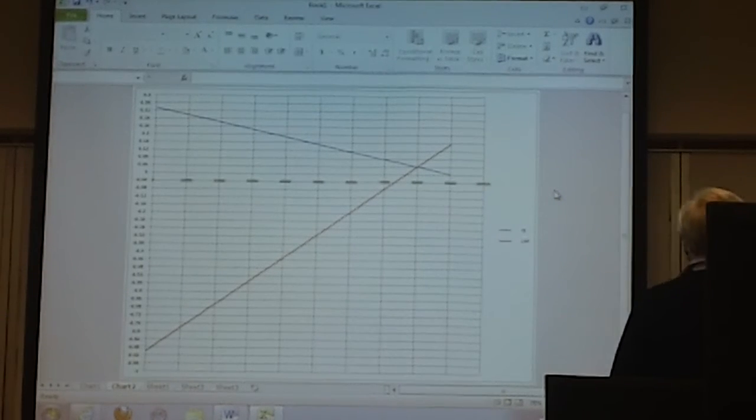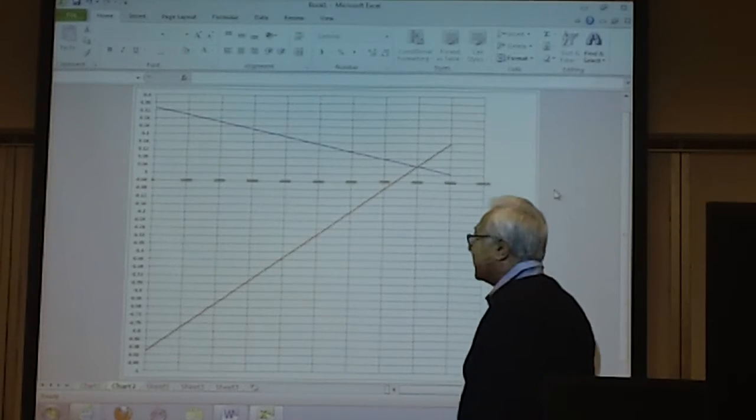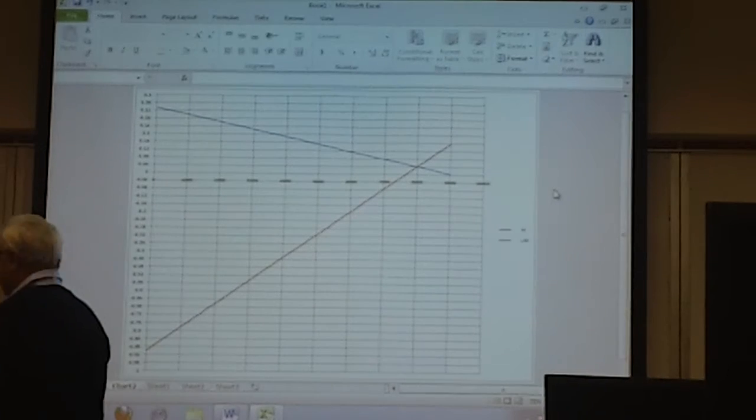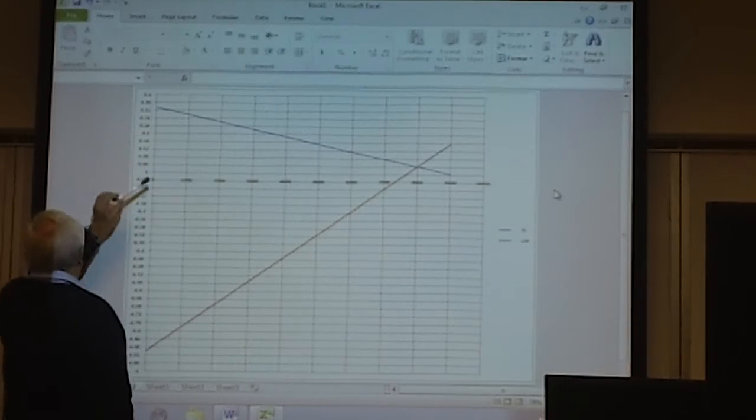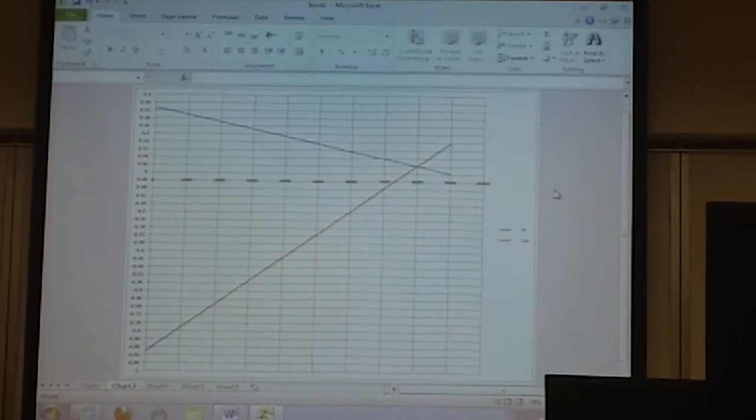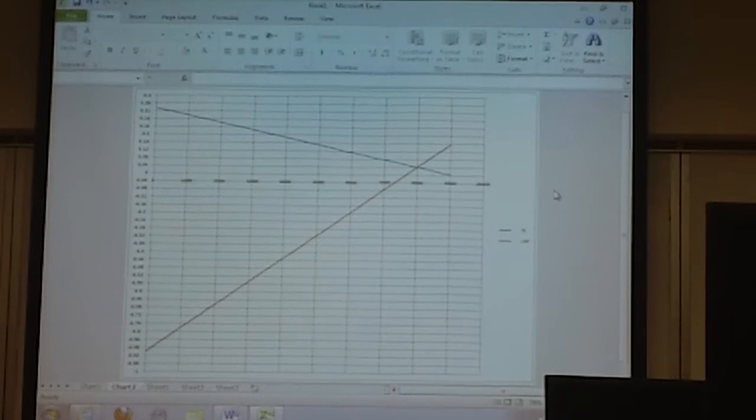Now, here's where the analytical part comes in. These are both straight lines. This portion up here is this 0.336 of the IS equation. Now that 0.336 consists of this, the 3360 that we added up.